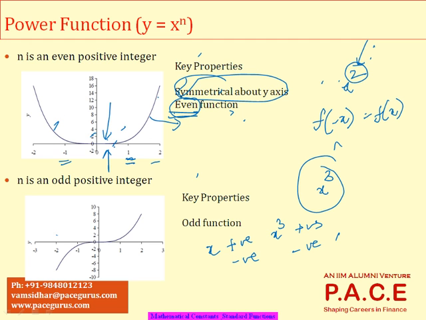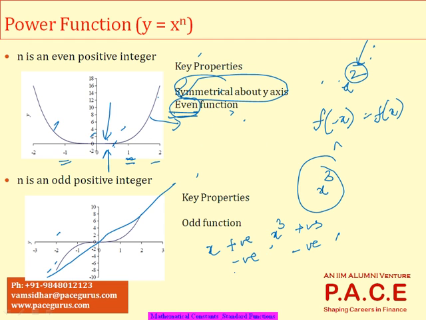Probably if you see here, if I draw a 45-degree line like this, I see some kind of a symmetry like this across this line. So that is the kind of symmetry I can observe, but not across the y-axis. And these kinds of functions, I call them odd.